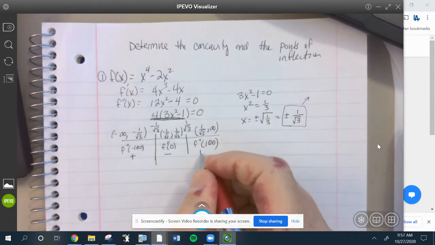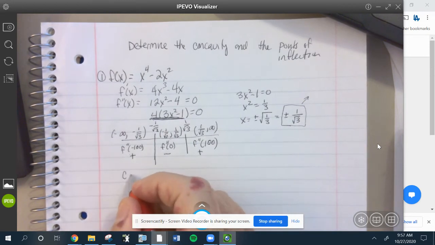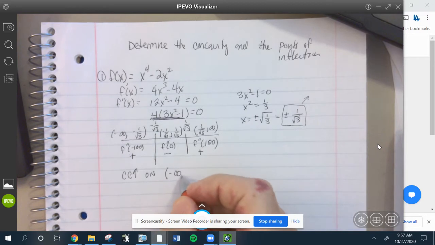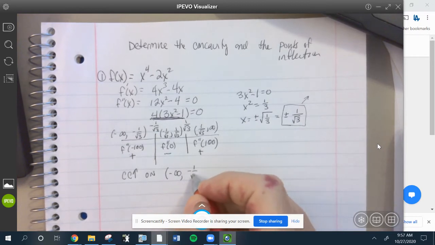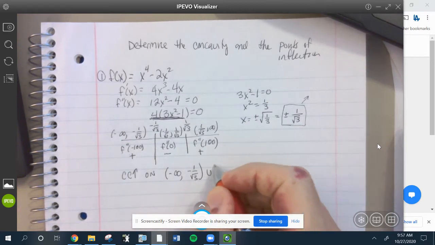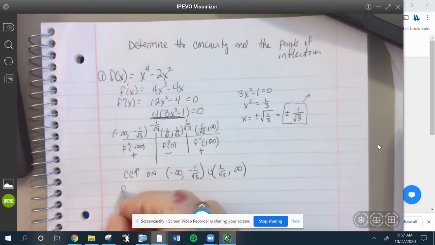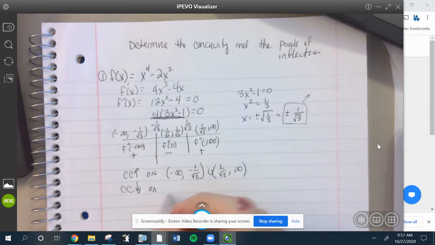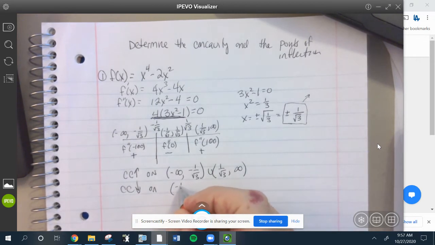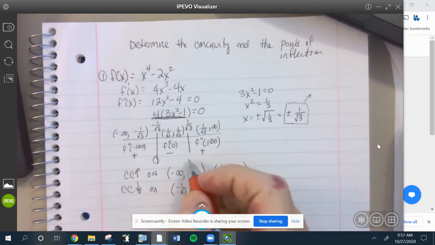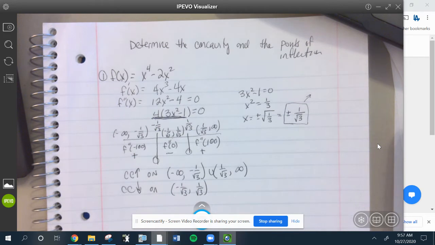So now we can say we're concave up on the intervals negative infinity to negative 1 over root 3, and then again from 1 over root 3 to infinity, and we're concave down on the interval negative 1 over root 3 to positive 1 over root 3, which means since concavity changed here and here, those are points of inflection.